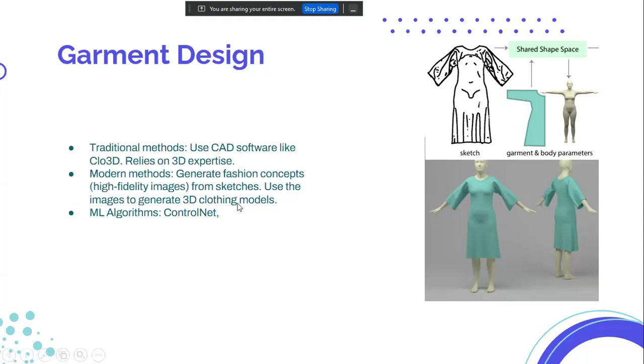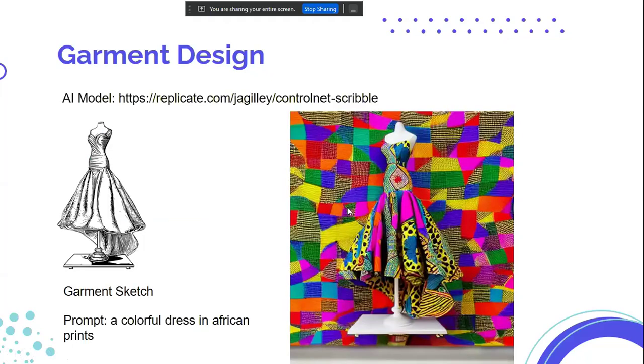So there is a lot of movement going into creating modern methods in this. The first part is to generate fashion concepts from sketches using AI, and then using those images to generate 3D clothing models, again using AI. For this, you'll check out ControlNet and the Facebook model that I mentioned earlier. So this is an example.